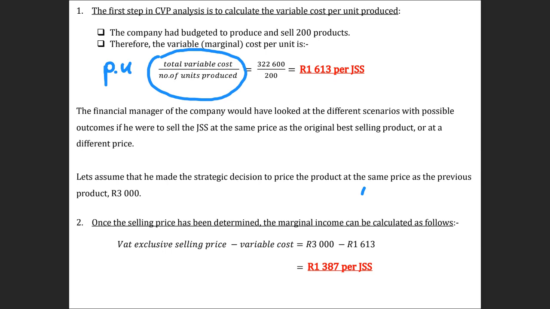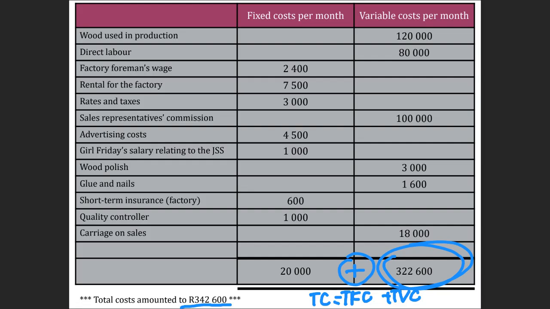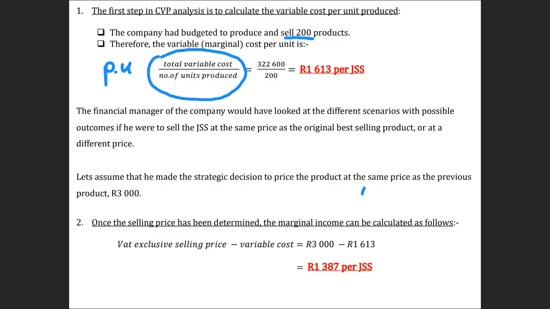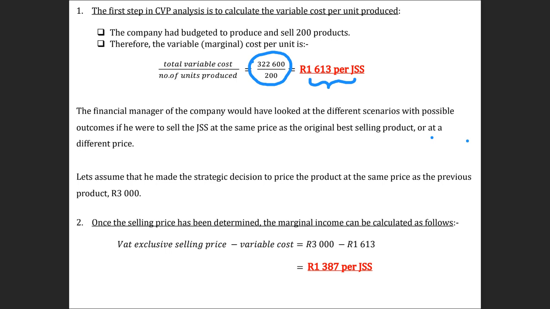In this case, it said that the company had budgeted to produce 200 units. So you're going to take the total of 322,600 from the previous page, and divide it by the number of units produced, which is 200 units, and that gives you a marginal cost per unit of 1,613 rands. So this is your marginal cost per unit.